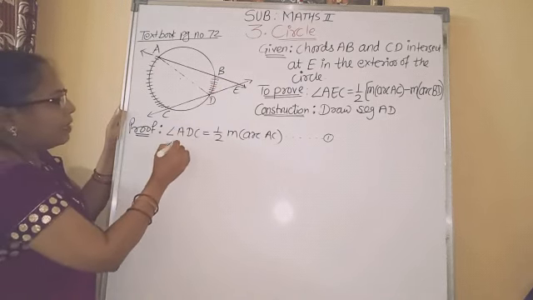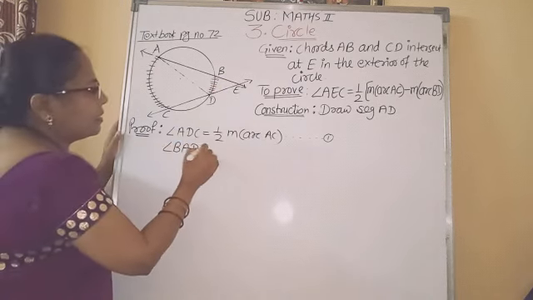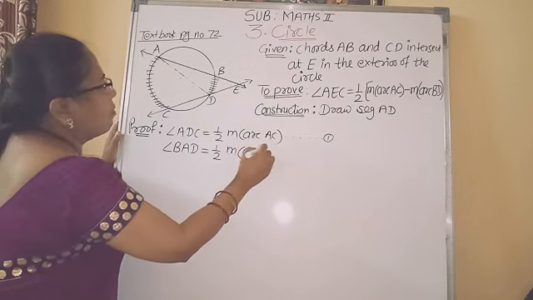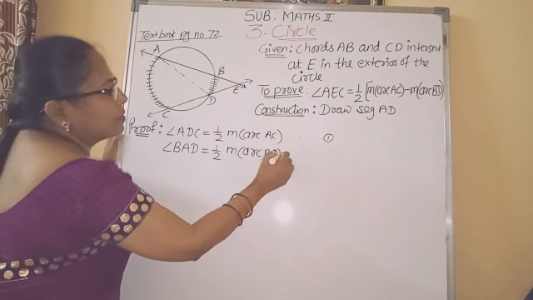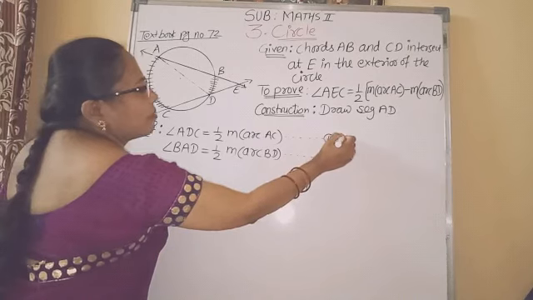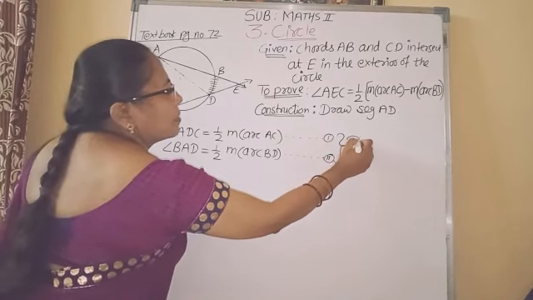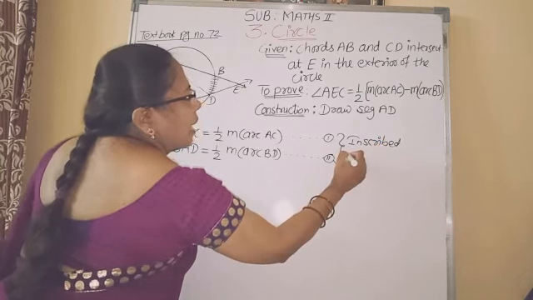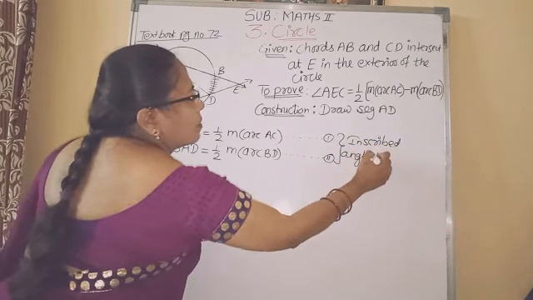So angle BAD is equal to half measure of arc BD. Statement number 2, and for both these statements, the reason is inscribed angle theorem.